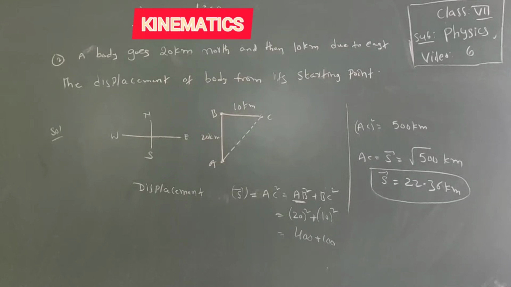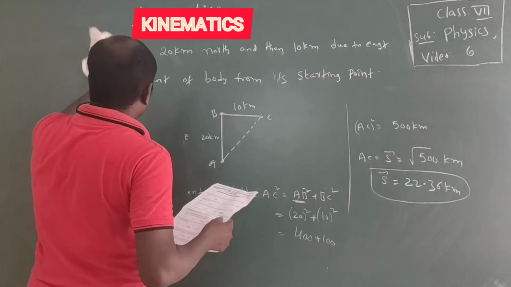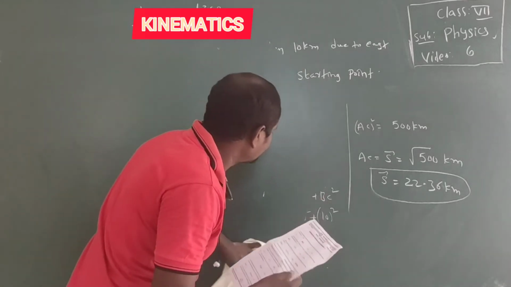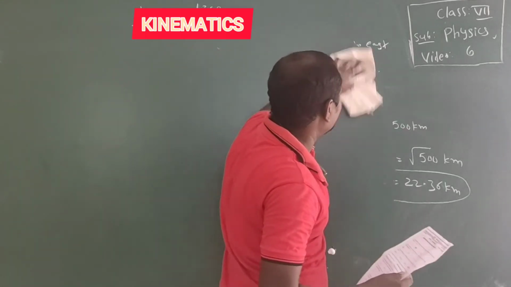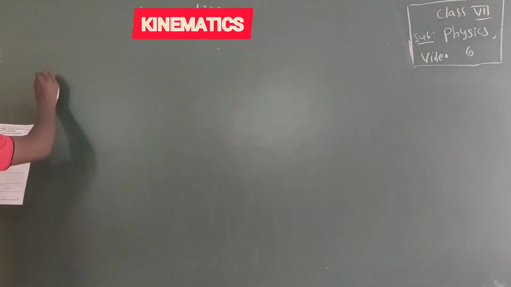A man walks 4 meters towards north and 3 meters towards east, and then he climbs a pole of 12 meters height. Then find the total distance or total displacement. So here, question number 3.